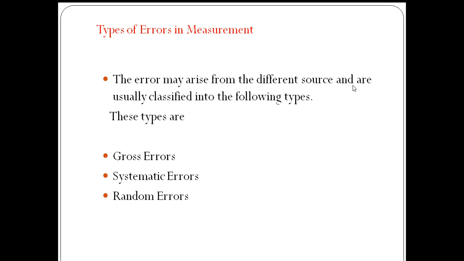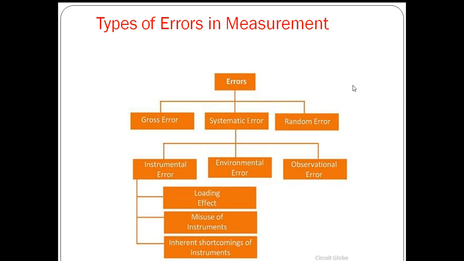Mainly, errors are classified as three types: gross errors, systematic errors, and random errors. Now we will see this classification. Systematic errors are further classified as instrumental error, environmental error, and observational error.